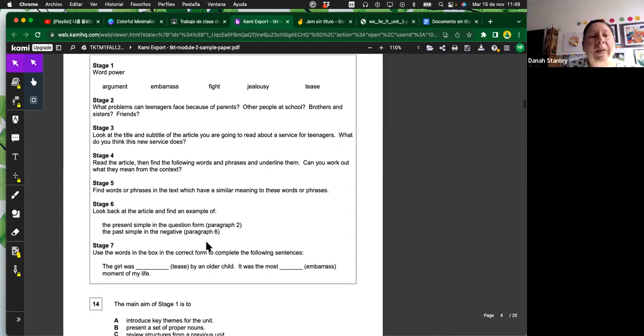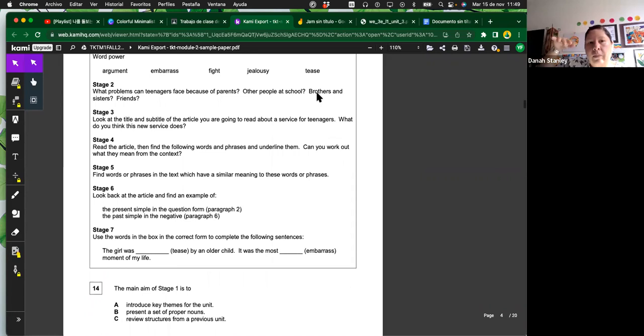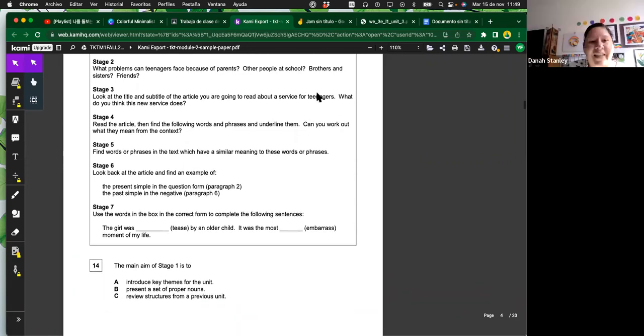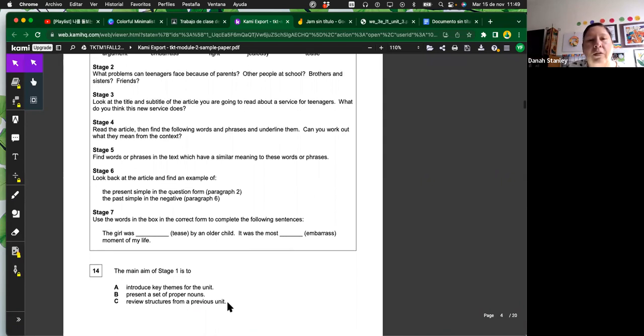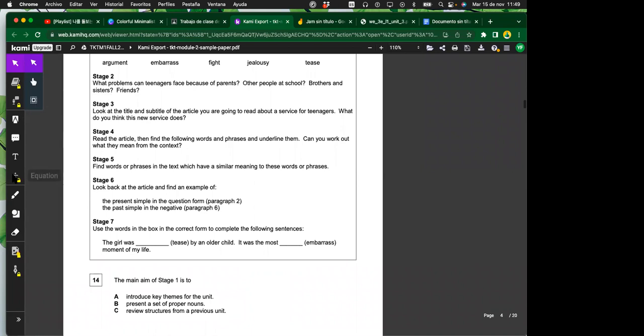Exactly, very good. Entonces, this stage 1 can be like the leading. Aquí my objective is to introduce key themes for the unit, present a set of proper nouns, or review structures from the previous unit.